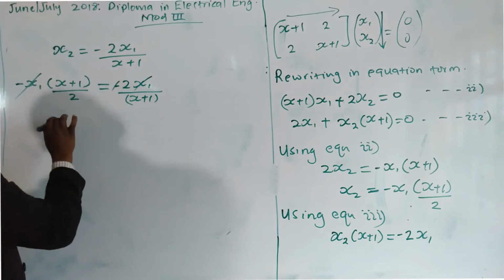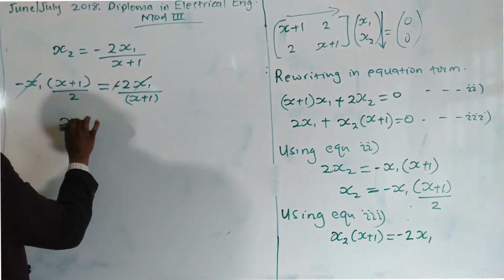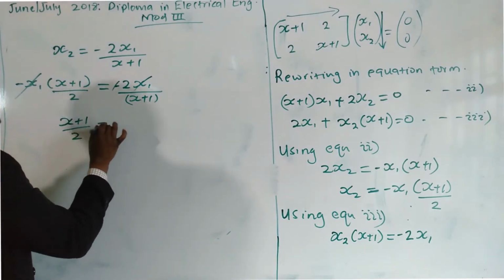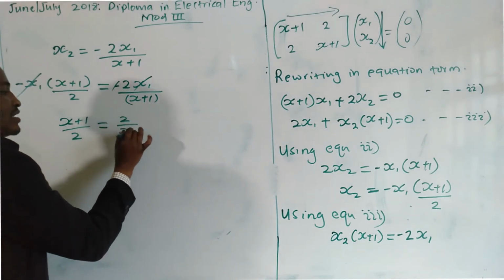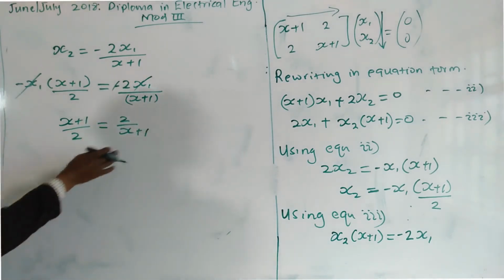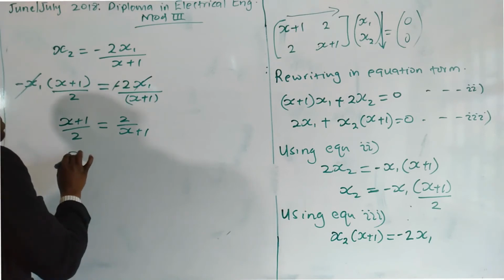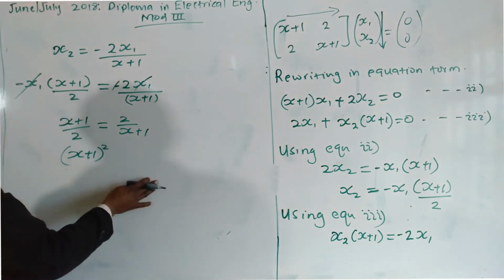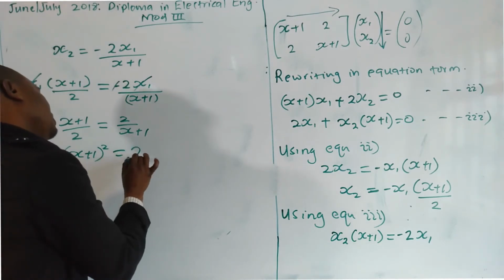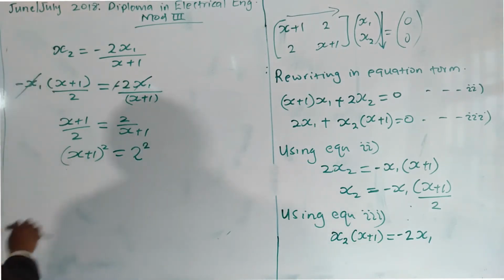You have (x plus 1) over 2 is equal to 2 over (x plus 1). If we cross multiply, we have (x plus 1) squared is equal to 2 squared.